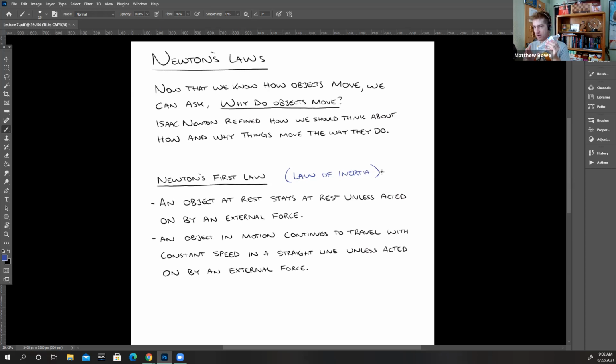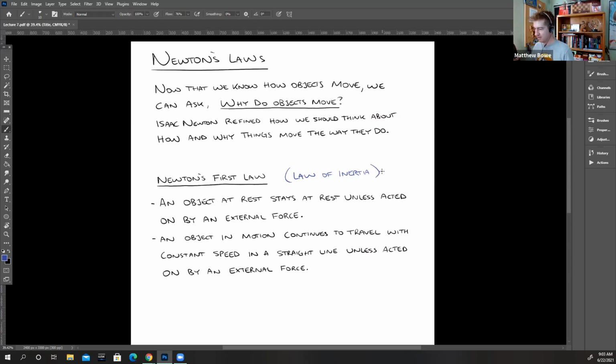It's going to stay at rest. An object at rest stays at rest. Once you give it a push, it will continue to move with that constant speed in a straight line forever, unless it's acted on by an external force.